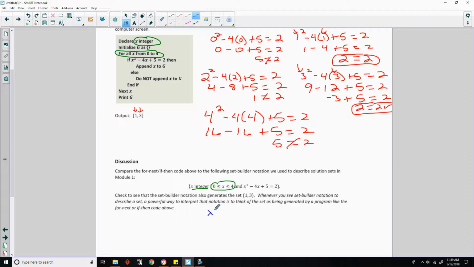That could mean all x that are in the set of the domain. All x in D. And the x squared minus 4x plus 5 equals 2 portion is our function that we're checking, f of x.